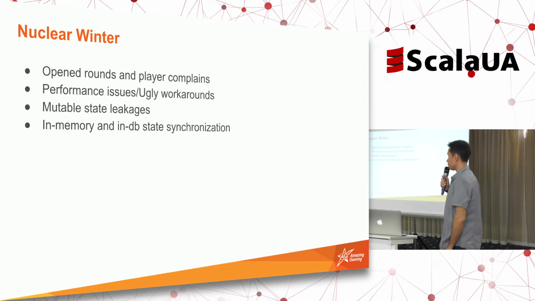Of course, the remote wallet cannot be as fast as the local one, and we had to apply various kinds of performance optimization. The ugliest are like caching the player's balance, which is as ugly as it seems.